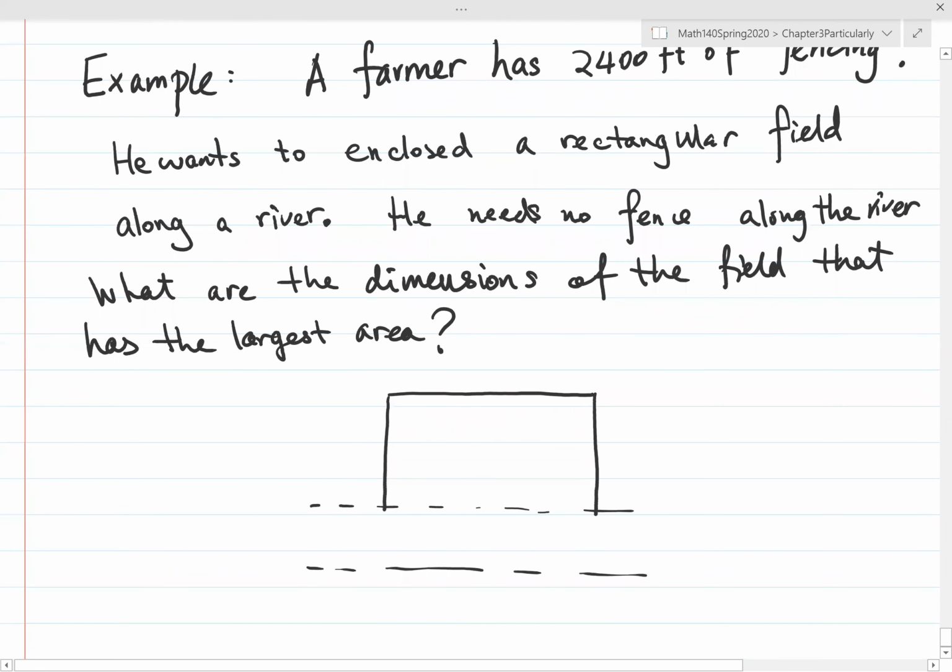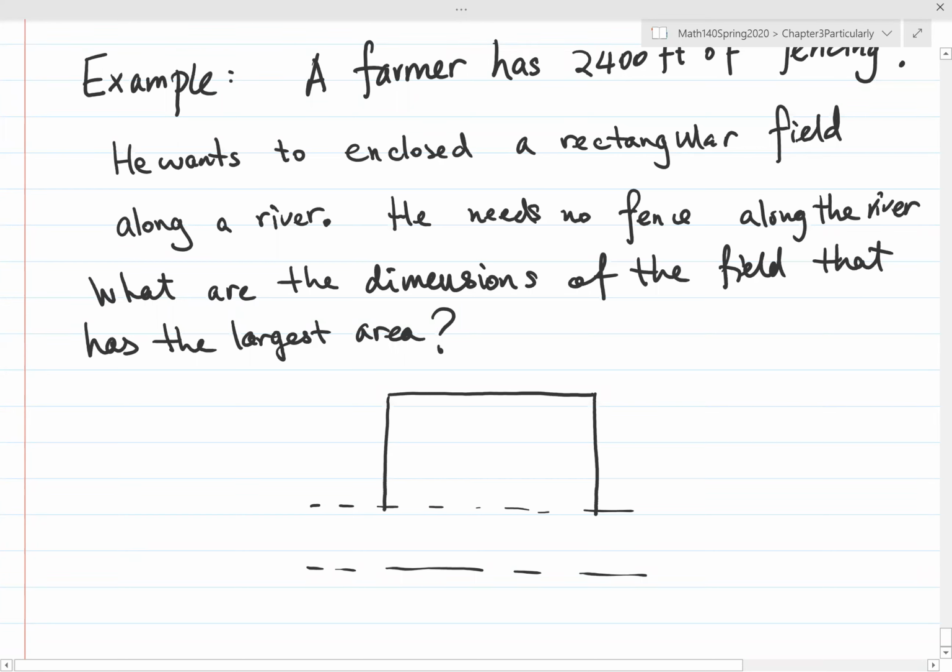If the farmer wants the maximum area, he should use all of his fencing, with no leftover. So we should find what determines the area.